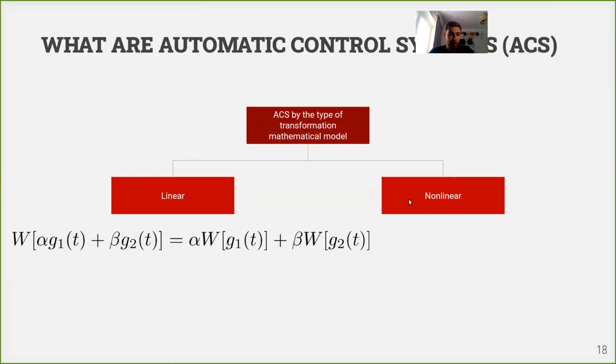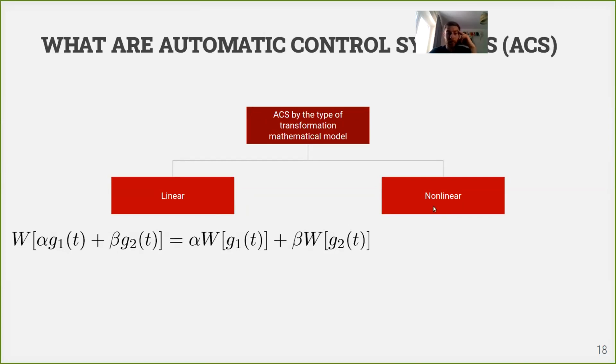There are also linear and nonlinear systems. We also discussed it in the Kalman filter section. Linear systems satisfy this equation. Multiplying the input is the same as multiplying the output. So the whole transfer function, and summing up input signals leads to summing up output signals. So this is the equation a linear system should satisfy.